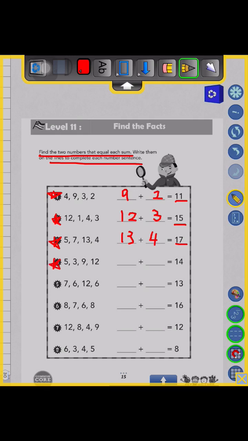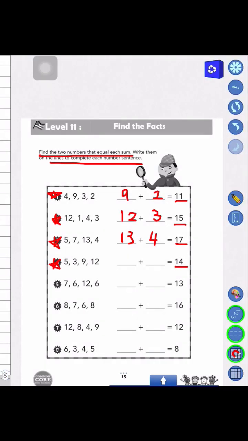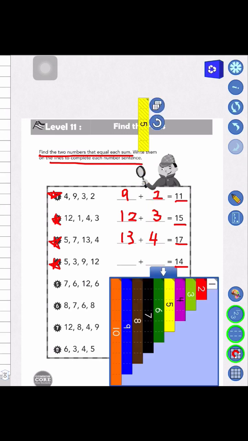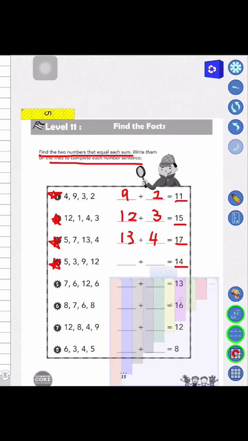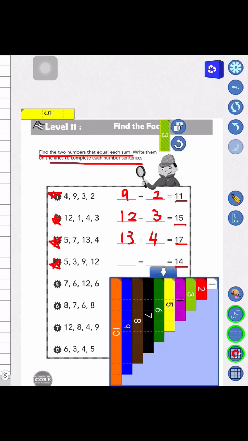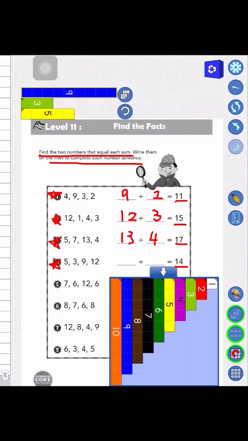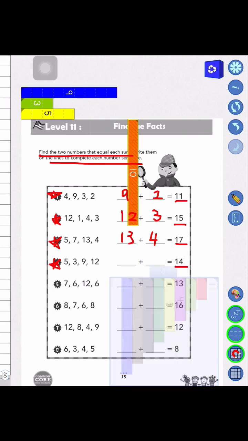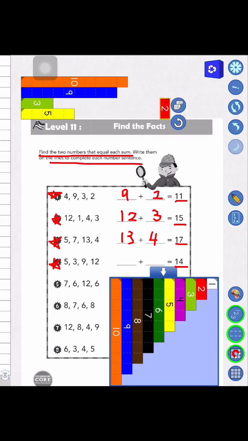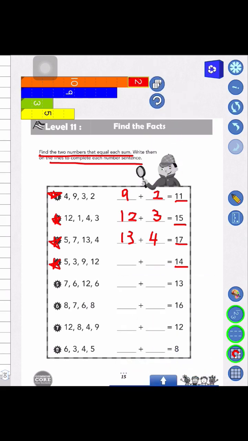We have number 5, number 3, number 9, number 12, and the sum is 14. Okay, so let's get number 5, number 3, number 9, and number 12. So 12 is 10 and 2. Very good. So the sum is 14.